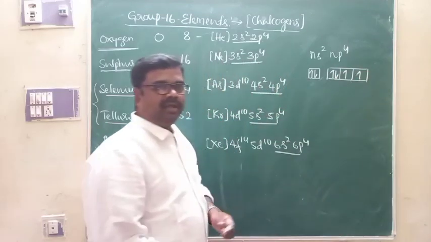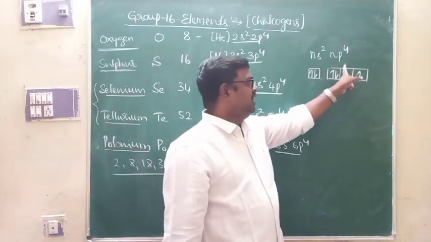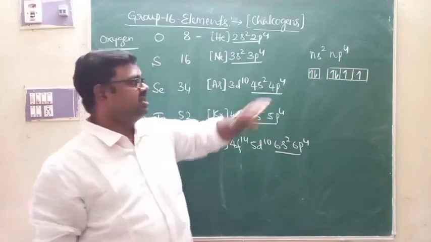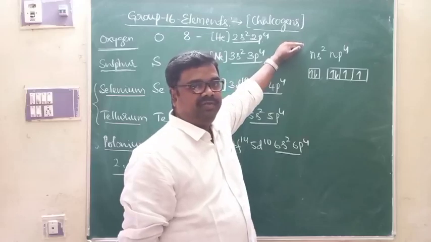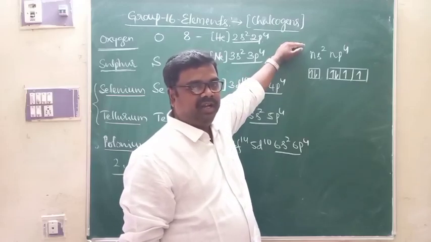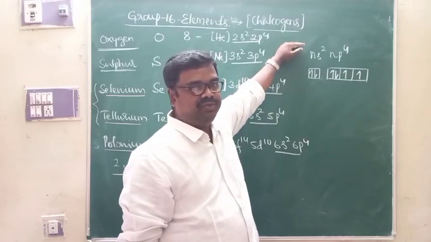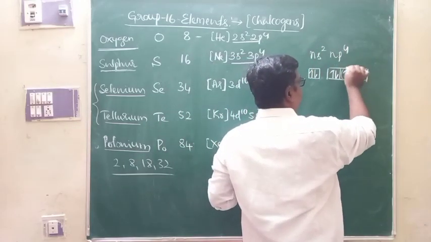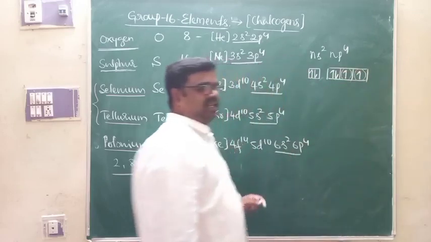Among 6 electrons, 2 electrons are unpaired and the remaining 4 electrons are paired. So this is the valence shell electronic configuration of group 16 elements that contains 6 electrons. Out of 6 electrons, 2 are unpaired electrons. That is important for us.